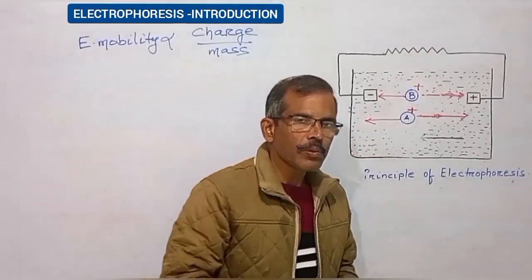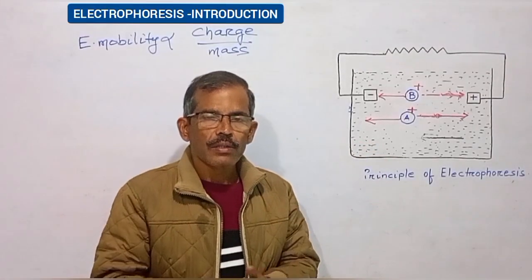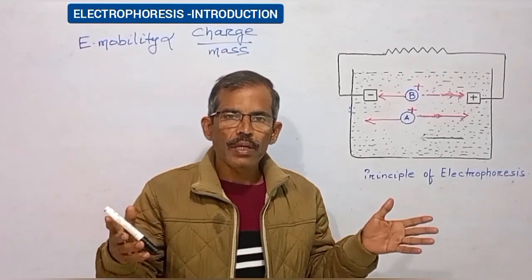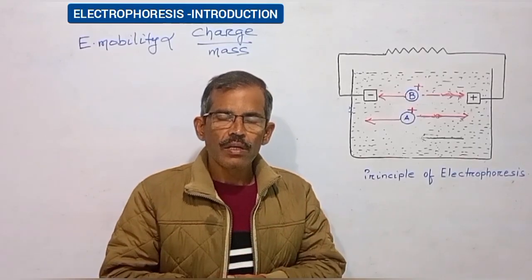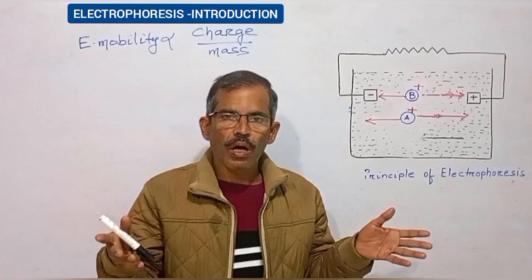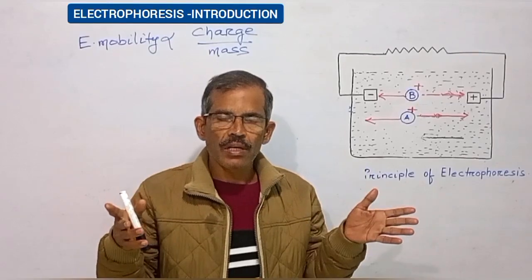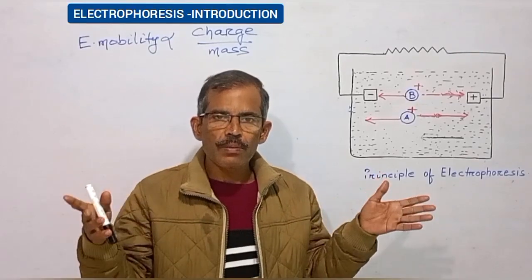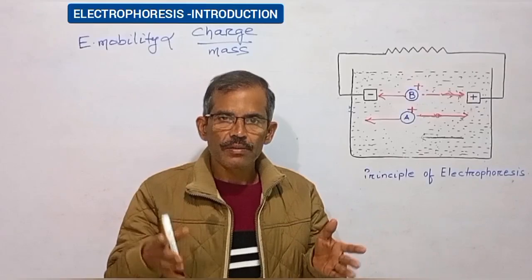From these examples, we can conclude that the electrophoretic mobility of a charged particle is directly proportional to its net charge density and is inversely proportional to its size.